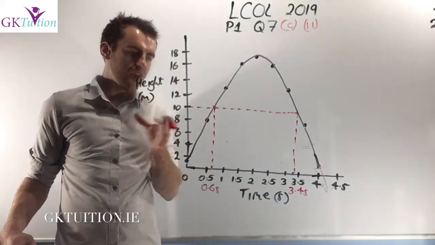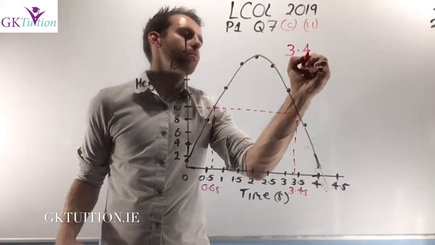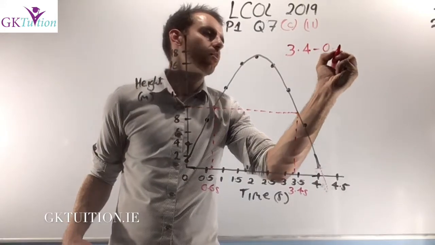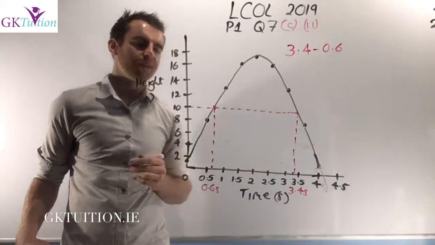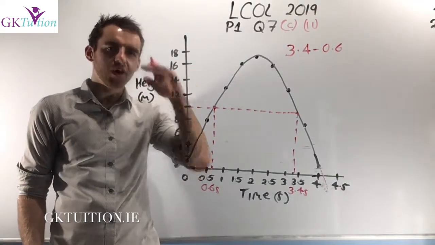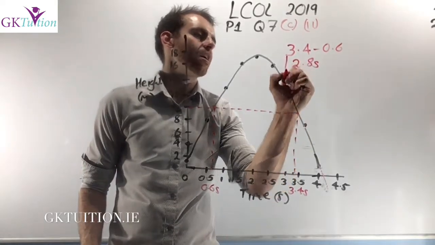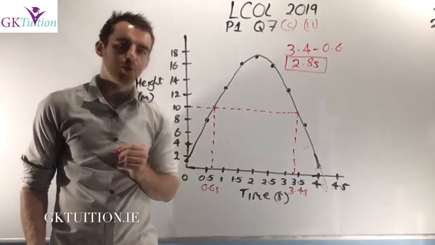The question is, how long is that? So obviously what I need to do is just subtract 3.4 minus 0.6. That means the ball was higher than 10 meters for roughly 2.8 seconds. So your answer to that part is just 2.8 seconds.